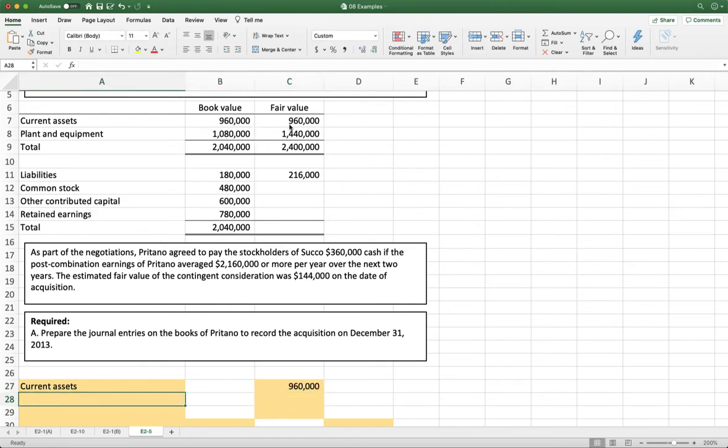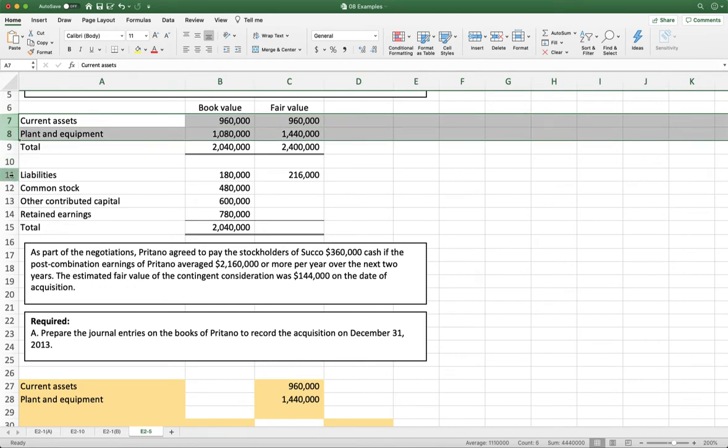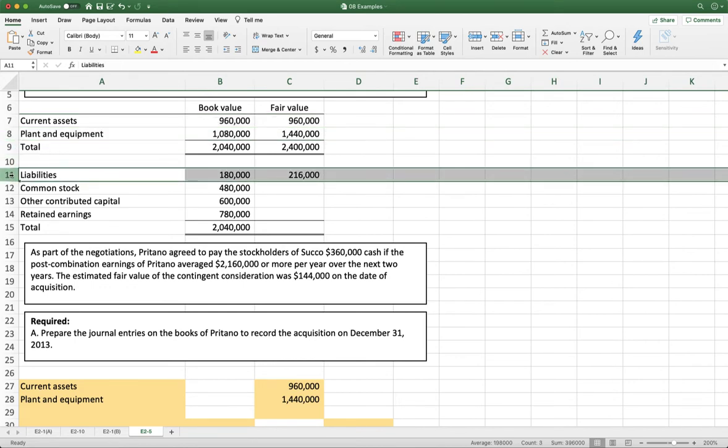We're also going to get that plant and equipment asset. Again, we're increasing our own assets, so we're going to debit plant and equipment, again at fair value. So that's $1.44 million. Now we got our assets, we also want our liabilities.